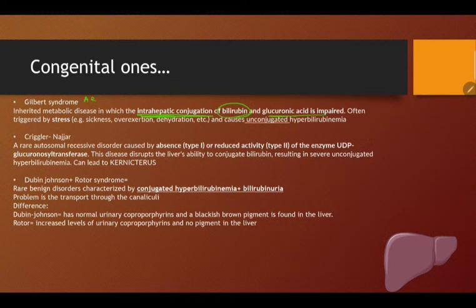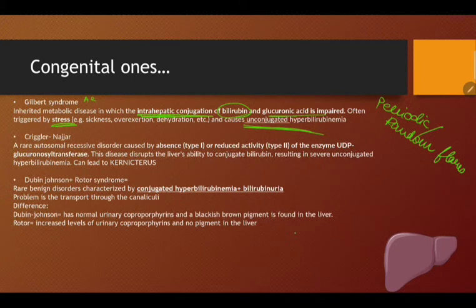Usually when you see a patient with Gilbert syndrome, the patient with jaundice would complain that the jaundice is periodic or it randomly comes. And this happens because of stress. So if the patient's sick, or overexerting, or dehydrated, you will see jaundice. And it causes an increase in unconjugated hyperbilirubinemia because we cannot conjugate this bilirubin.